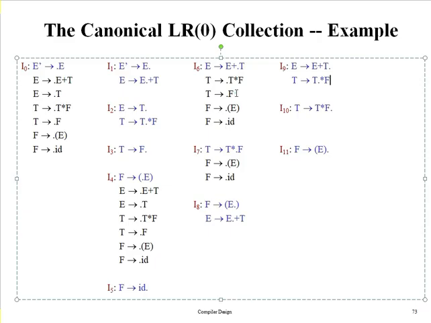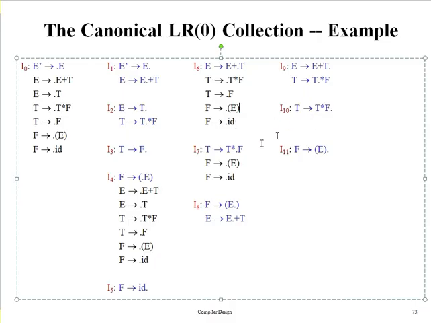Why? Because this one cannot be used for generating a new item, because it already exists. I3 exists as an item that can be generated from this, and this one is similar to I4, and this one is similar to I5.